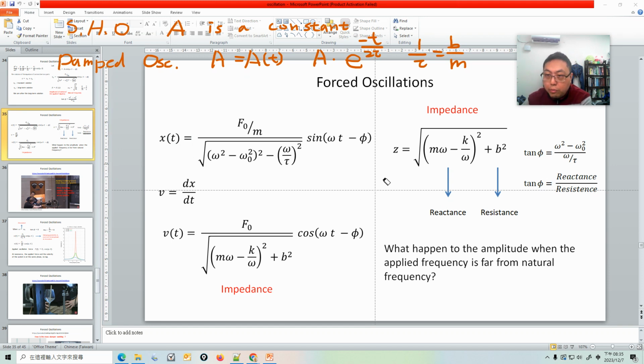This big term is called A of omega. This is the solution for position, and then we can take the derivative of position with respect to time, and we get the velocity. There is some algebra work; your denominator will become like this.